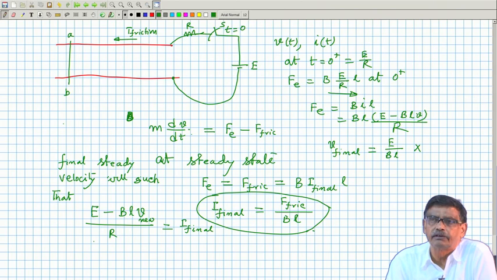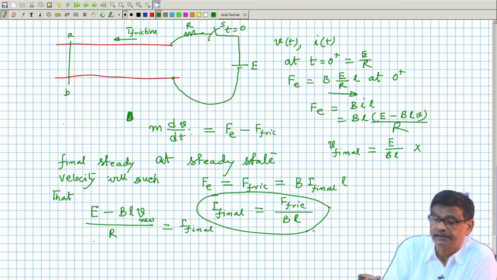Some few cases of dynamic behavior of DC machines also we will discuss, but to find out the steady state in DC machines, if it will be running at constant speed, then the electromagnetic and mechanical forces which are acting in opposition must be the same, and the electromagnetic force is BIL, from that I will be able to calculate I final and so on. Anyway, we will continue with this in the next class.